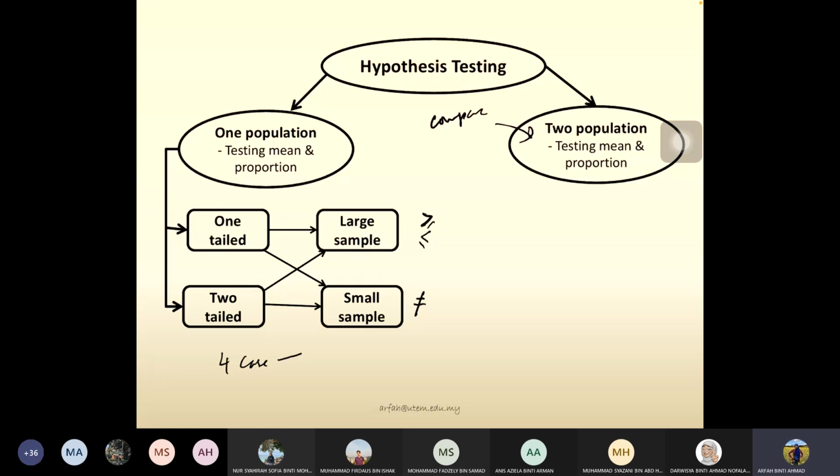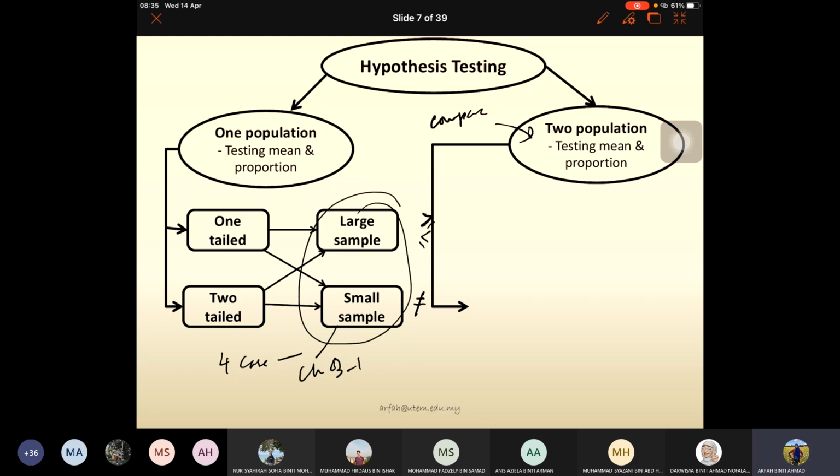So itu semua akan follow Z distribution daripada chapter 3 estimation. And then kalau awak ada small sample and sigma is unknown, dia akan jadi T distribution. So this one carry daripada chapter 3_1 yang awak dah belajar hari tu. Okay.